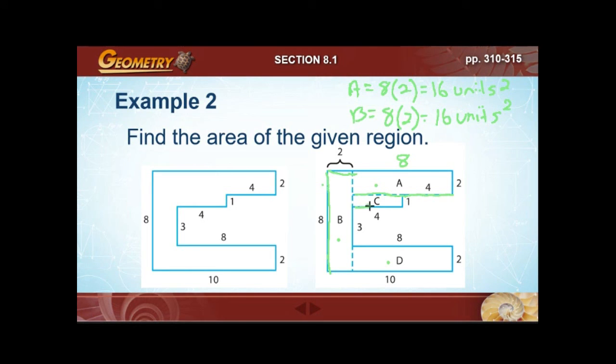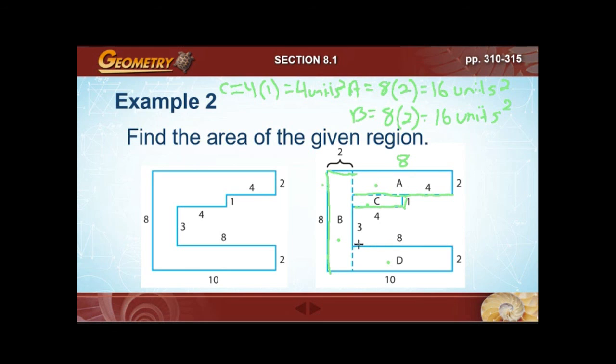And C is 4 and 1. C is equal to 4 times 1, which is equal to 4 units squared.